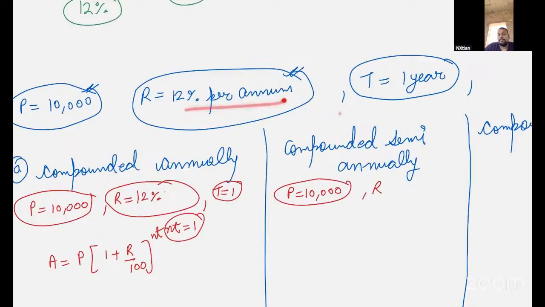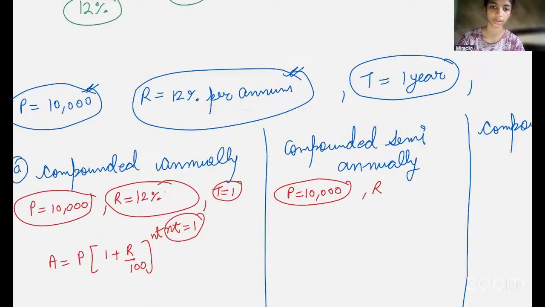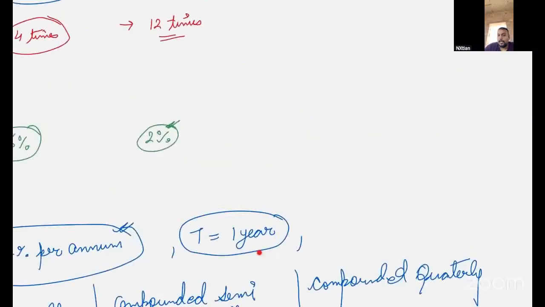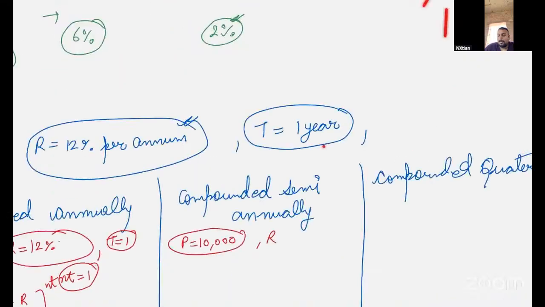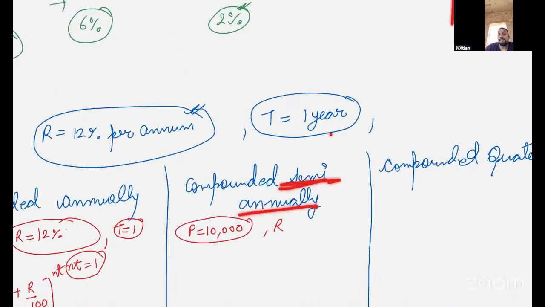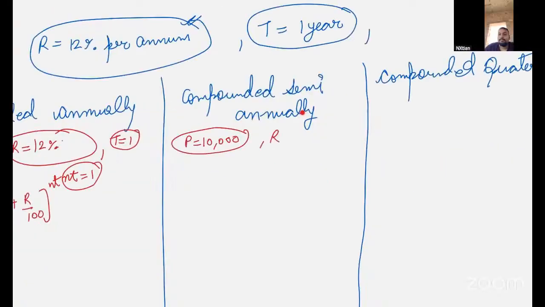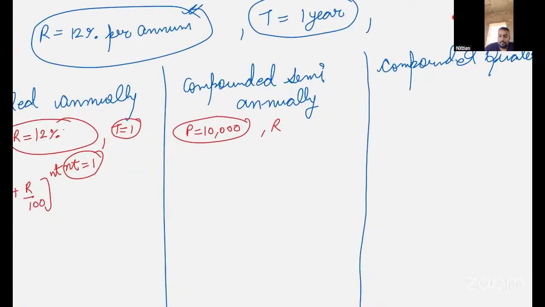So the rate will become, like 12 divided by 12? No, that is monthly. It is compounded semi-annually. Semi-annually means after 6 months you will apply the interest. So the rate will become, like in a year, how many times you are applying the interest?